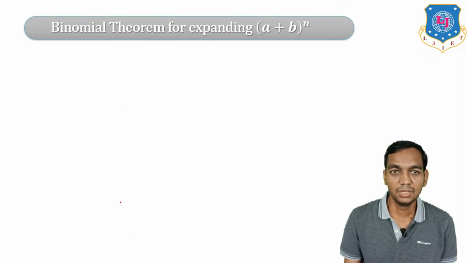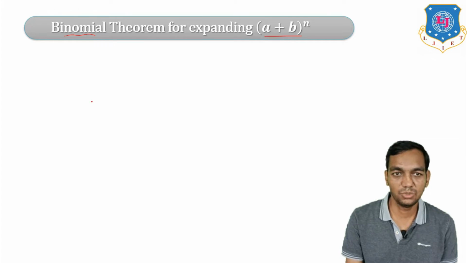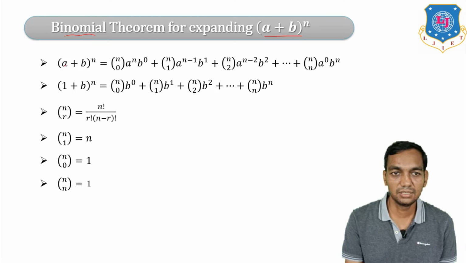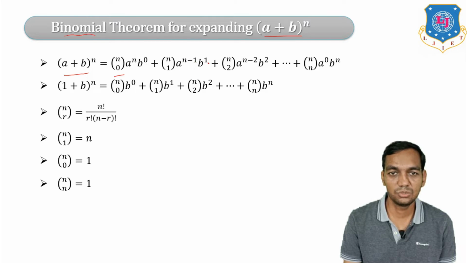Now we are going to recall the binomial theorem. If you have any term (a+b)ⁿ where n is an integer, then (a+b)ⁿ is equal to nC0 aⁿb⁰ + nC1 aⁿ⁻¹b¹ + nC2 aⁿ⁻²b².